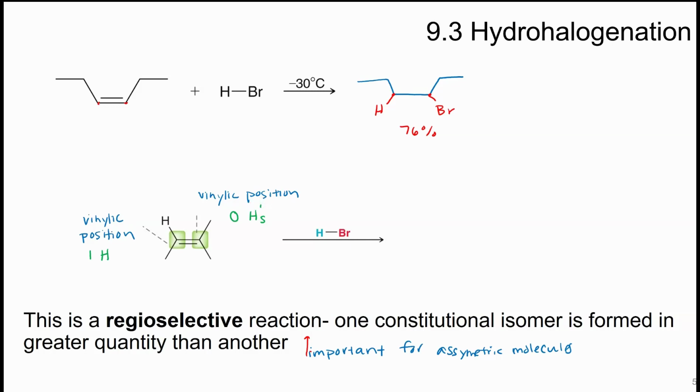So when we do this reaction, this is the carbon skeleton. The H is going to go on the carbon with an H, and the Br goes to the more substituted carbon. This is the Markovnikov addition.